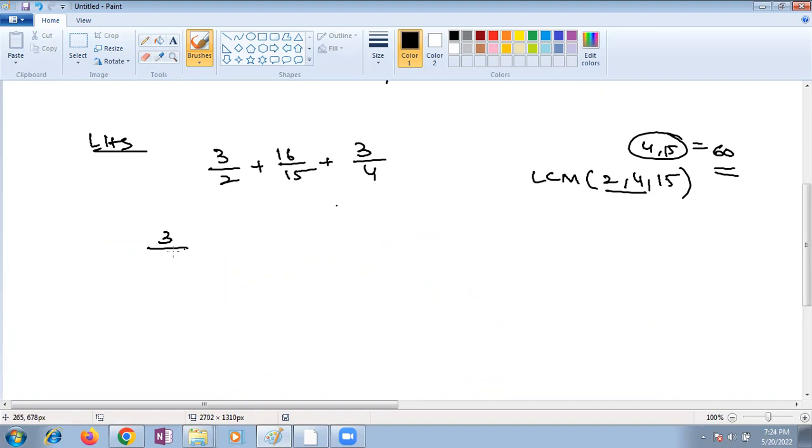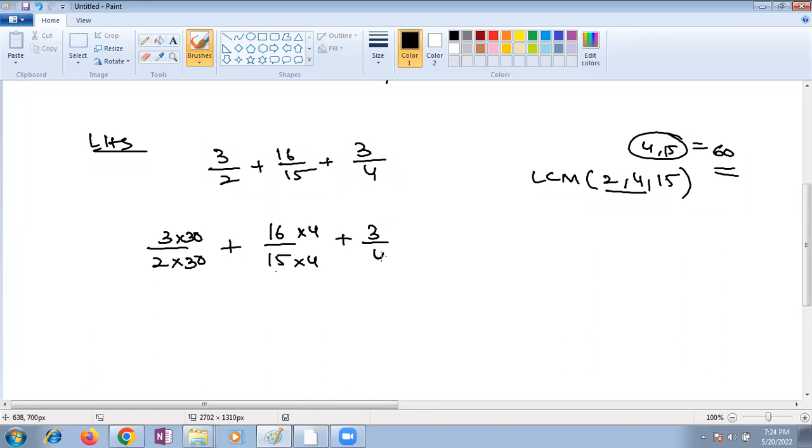Now coming to the original fractions, 2 3s are 6, that means you need to multiply the first fraction 2 with 30. Next, the second fraction denominator was 15. To make it 60, how many times you need to multiply? 4.